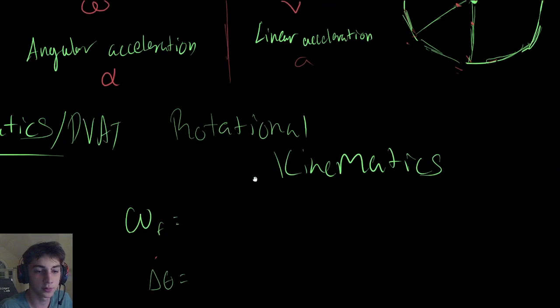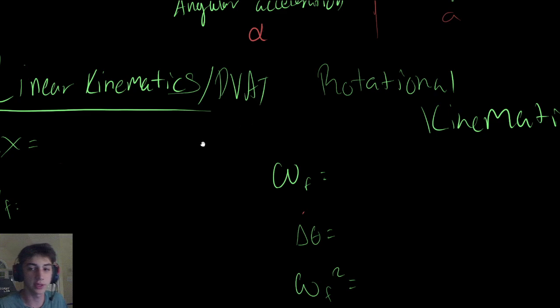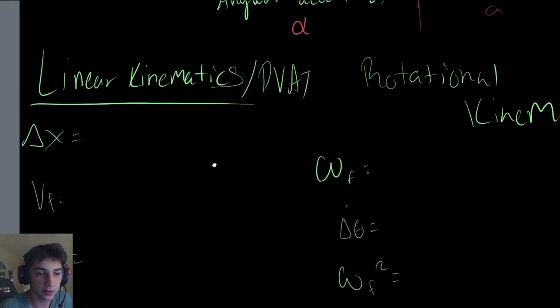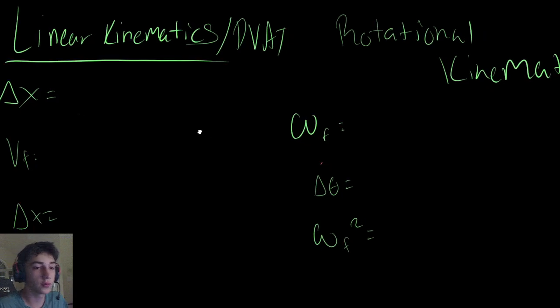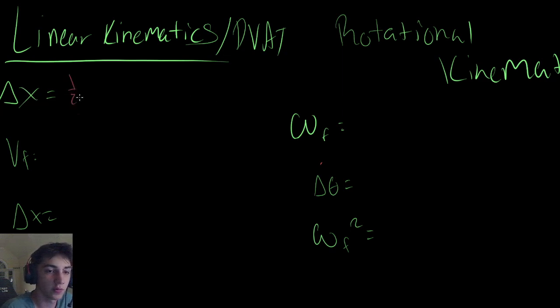So moving on to our kinematics, or DVATs, a lot of things that are true for linear kinematics will be true for rotational kinematics. So to solve for change in x, 1/2 (VF plus VI) times t. Everybody by now kind of remembers these. To solve for final velocity, we get initial velocity plus acceleration times time.